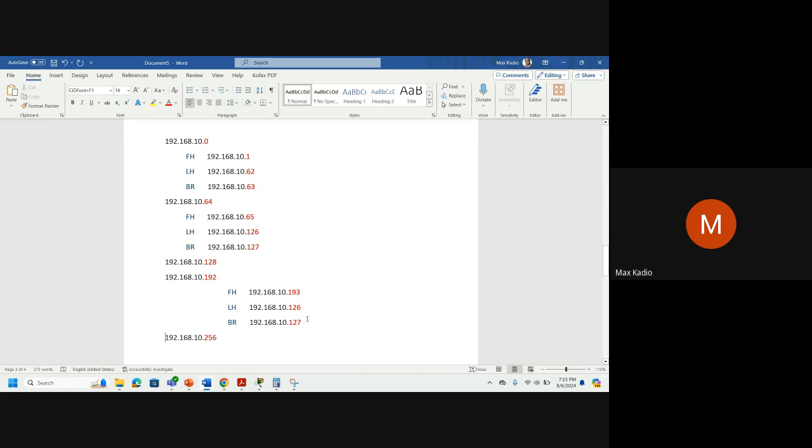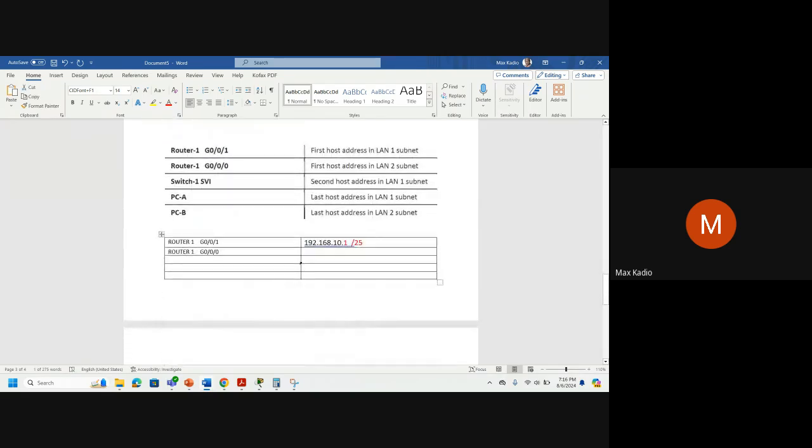If you are 256, it means this one will be 255, and here 254, and we remove. It was just there to help us to find these ones. So now for the other network, we'll take this one for LAN B. So we take the first one, /26 for the router.